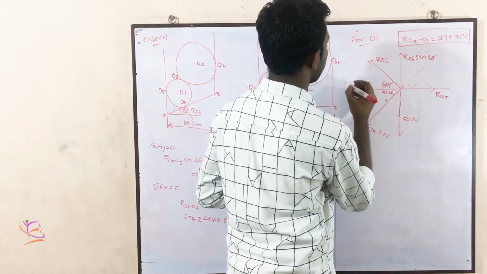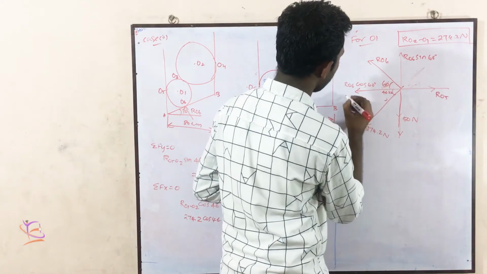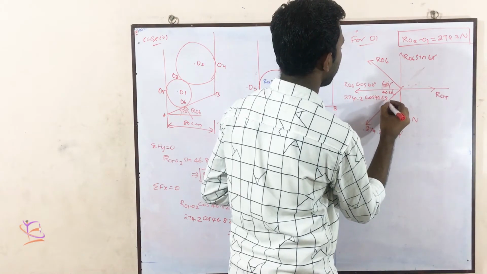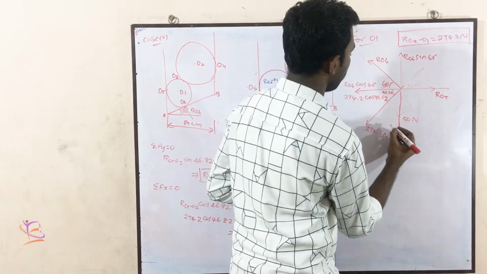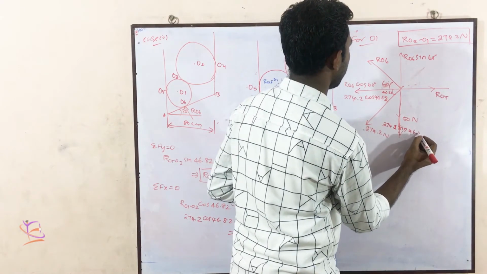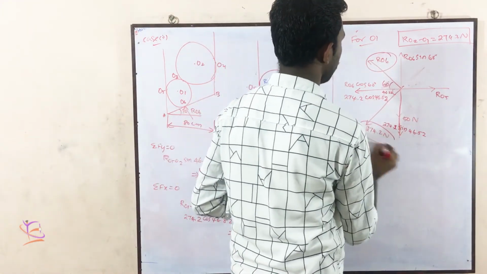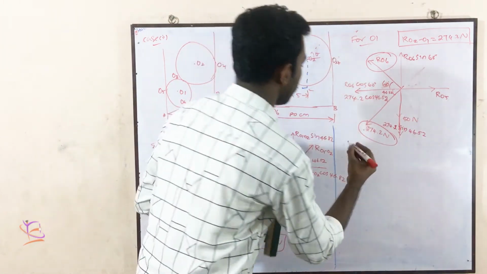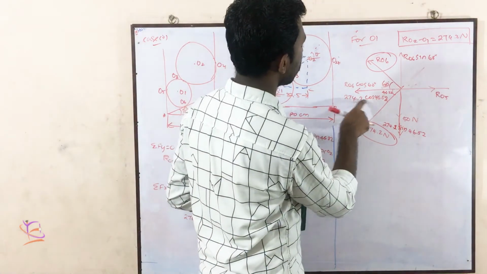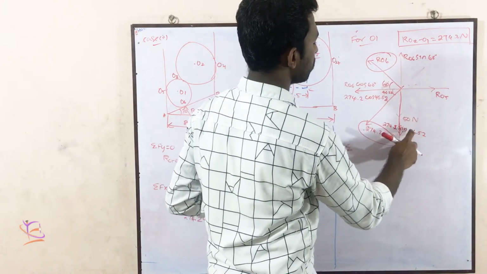So I am writing RO6 cos 60 degrees. The horizontal component is 274.2 cos 46.52. Here the vertical component will be 274.2 sin 46.52. So finally we resolved all into horizontal and vertical. Now you can see what things are to be done. Here one is unknown, the others are known.